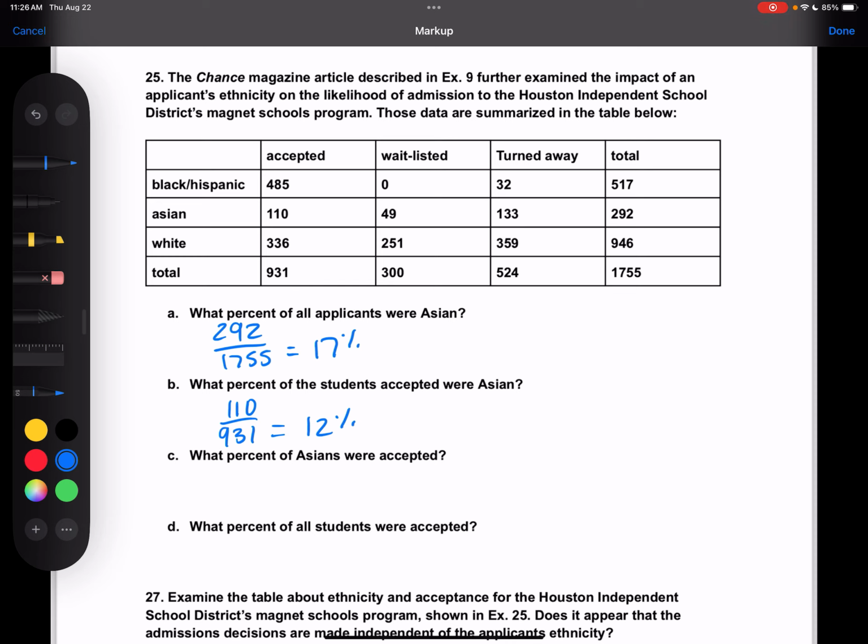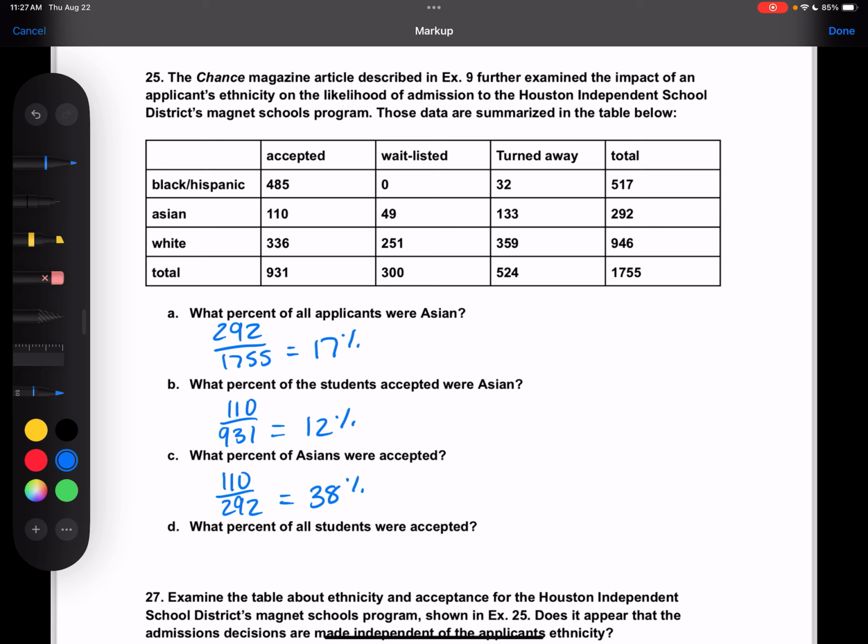What percent of Asians were accepted? 110 over 292. Yep, 110 over 292. And that ends up being 38%. And then what percent of all students were accepted?